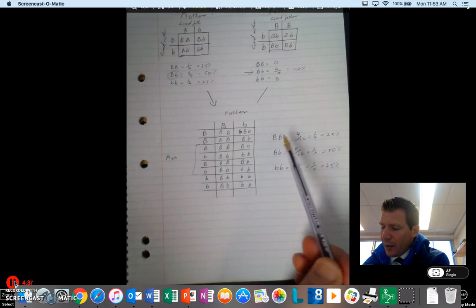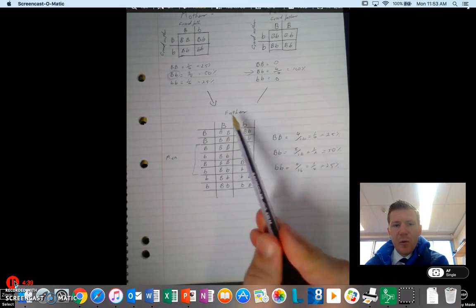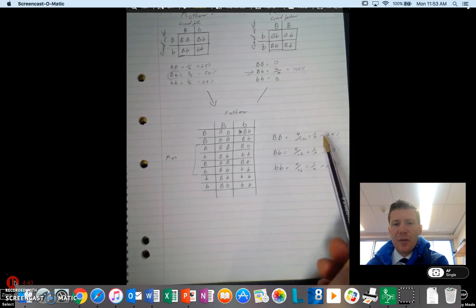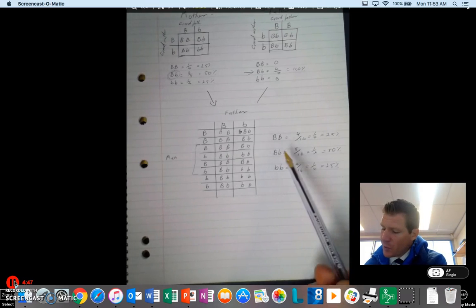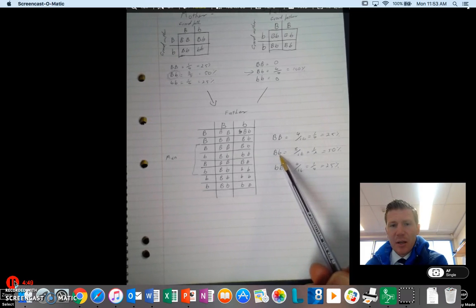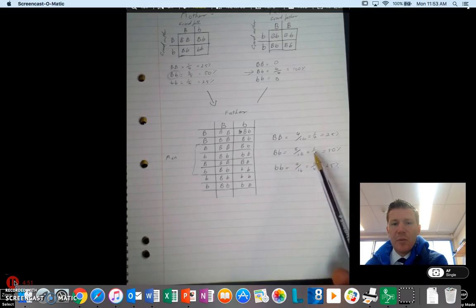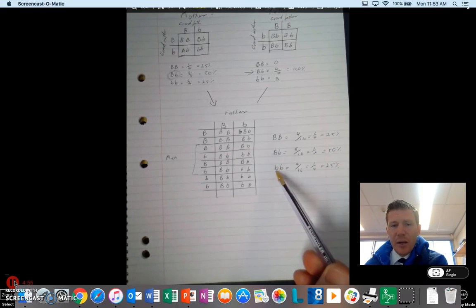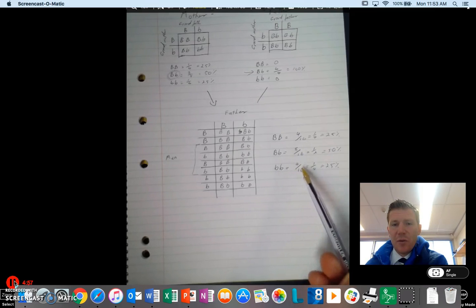So I've done that, and what I found was that out of all of this, 4 of them were homozygous dominant. So 4 out of 16 is the same as 1 over 4, which is a 25% chance. The next one, heterozygous dominant, there were 8 of those, which is 1 over 2, or 50%. And finally, homozygous recessive, which is 4/16, which is a quarter or 25%.